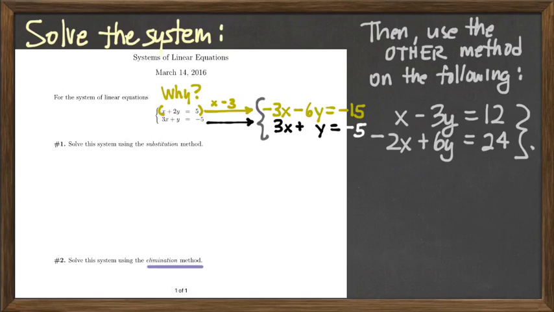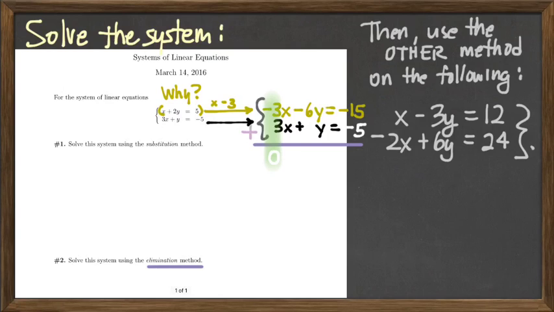In this example, +3 and -3. Because if that's true, then when I add those two equations together, how many x's do I get? -3 and +3 combine to give me 0.